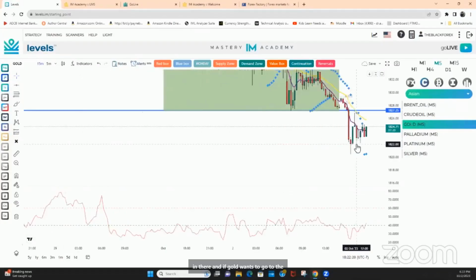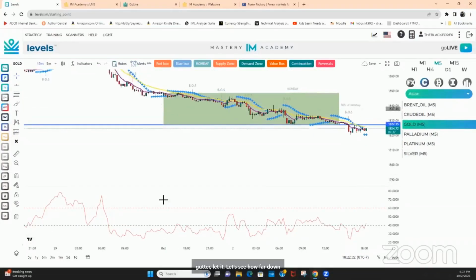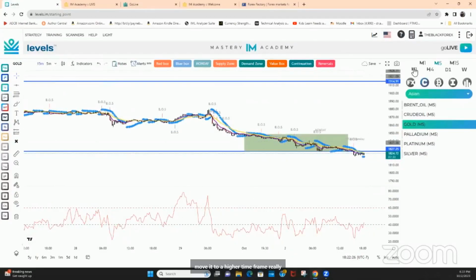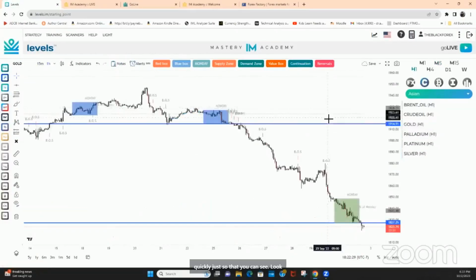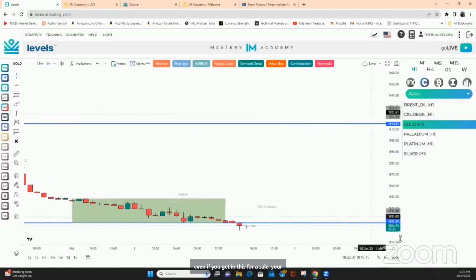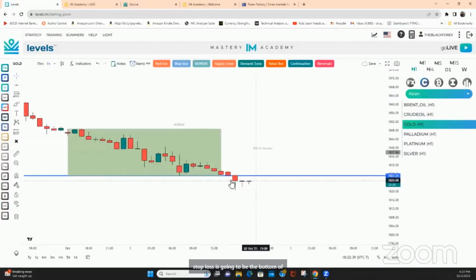If gold wants to go to the gutter, let's see how far down it went last week. I'm going to move it to a higher time frame really quickly so that you can see. Look at the drop on gold from last week. Even if you get in this for a sale, your stop loss is going to be the bottom of the box, which is 1827.